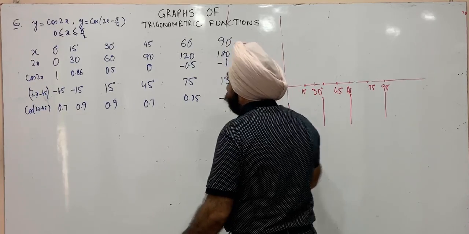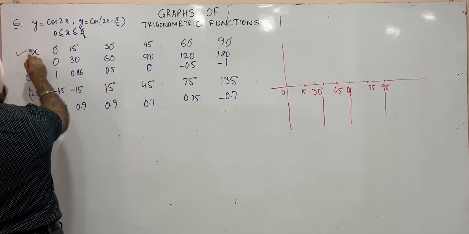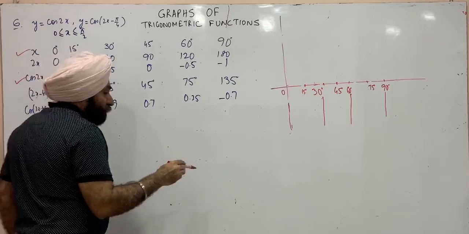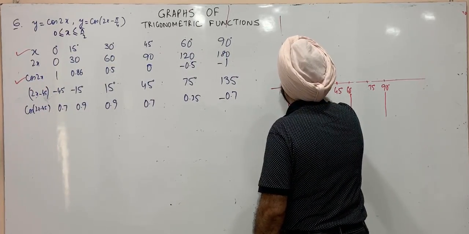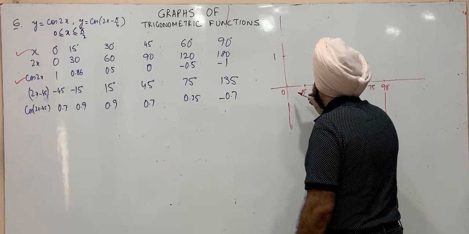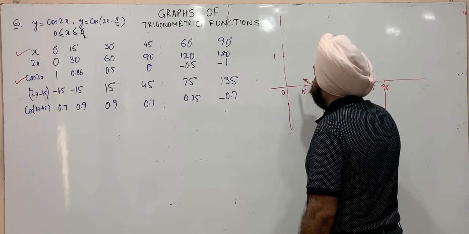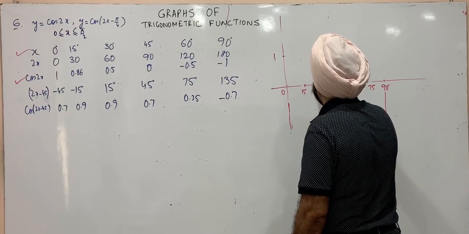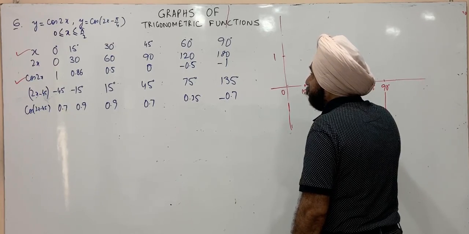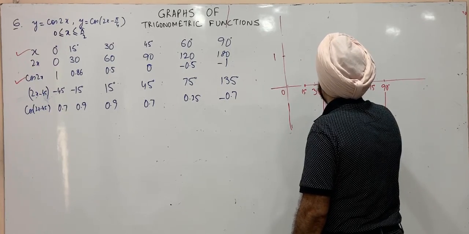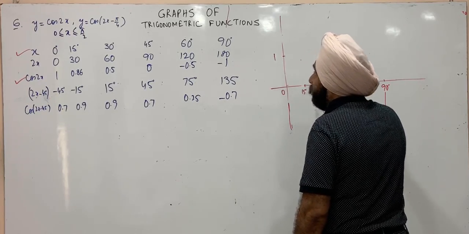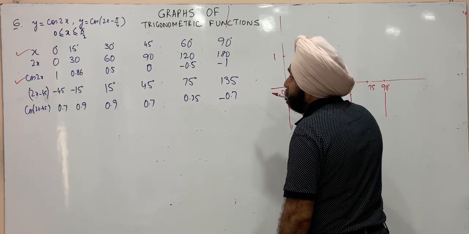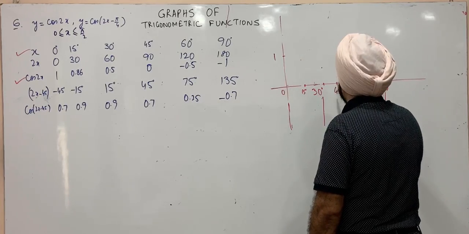Now we have to plot the graph between x and cos of 2x. When x is 0, cos of 2x is 1, that's this value. When x is 15, it's 0.86, at 30 degrees it's 0.5, at 45 degrees cos of 2x is 0.